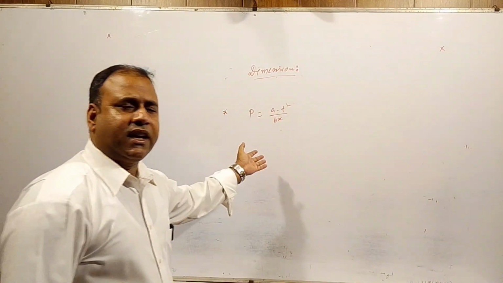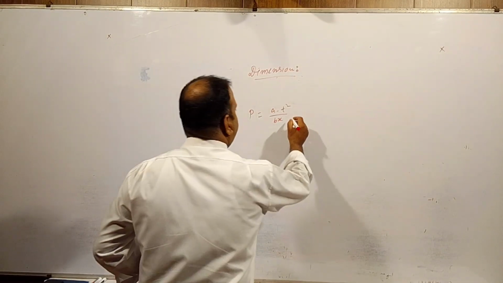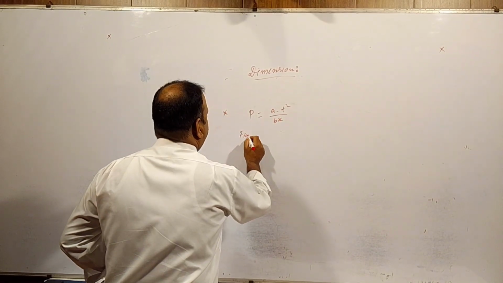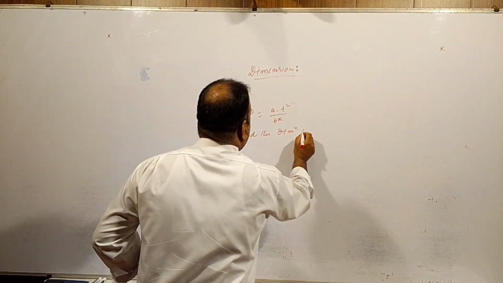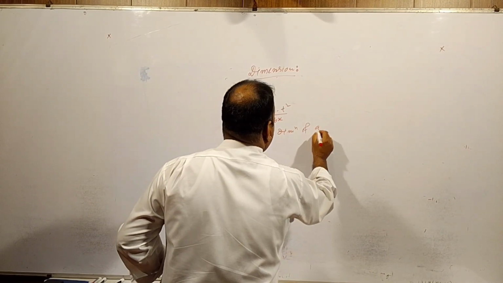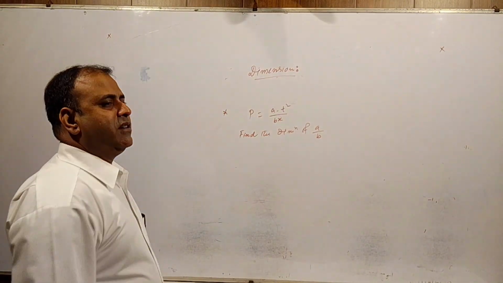This is a kind of equation. From the given equation, find the dimension of A divided by B.